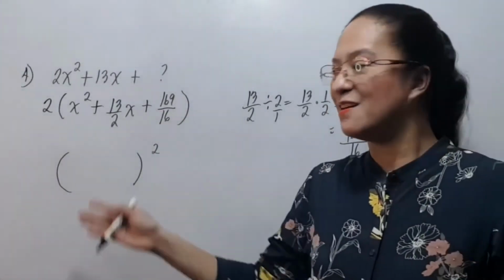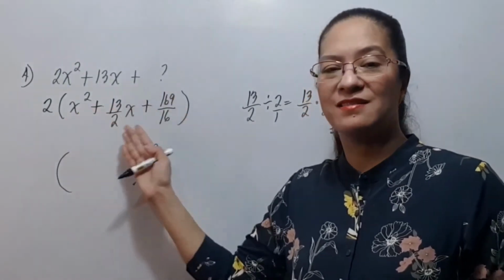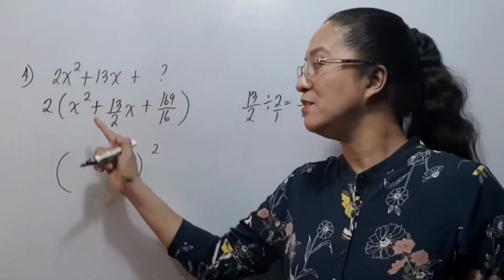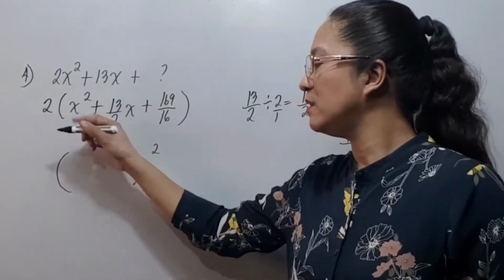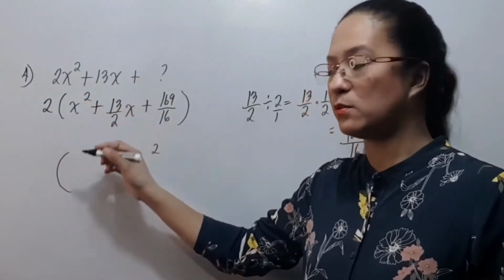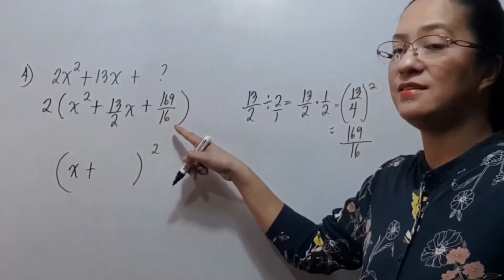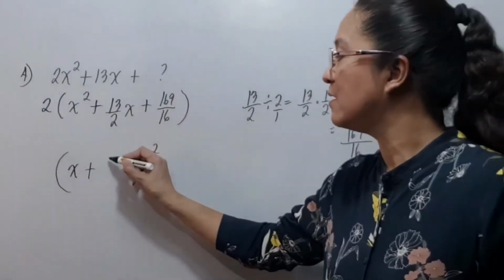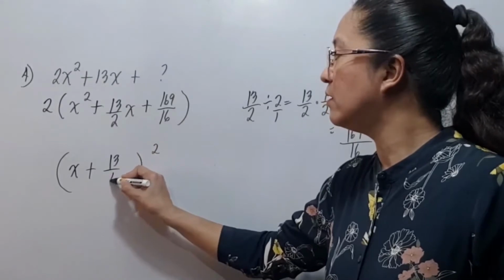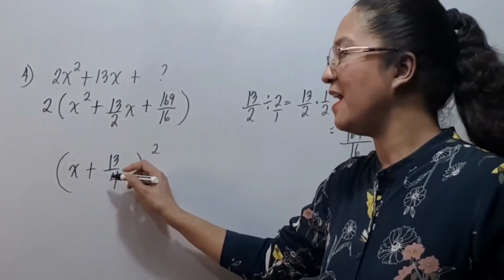Okay? So, now, this trinomial is a perfect square. So, the factors: x squared, square root of x squared is x, plus the square root of 169 over 16 is 13 over 4. Okay?